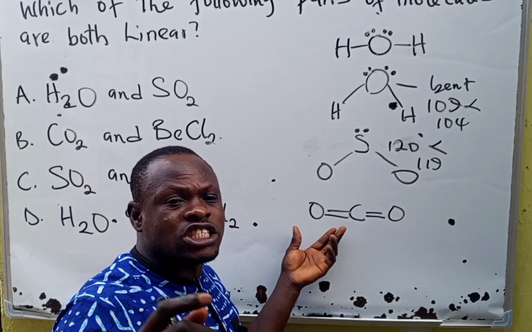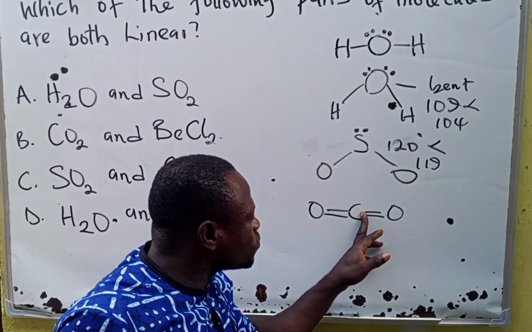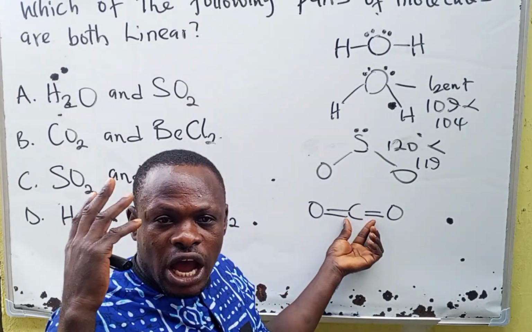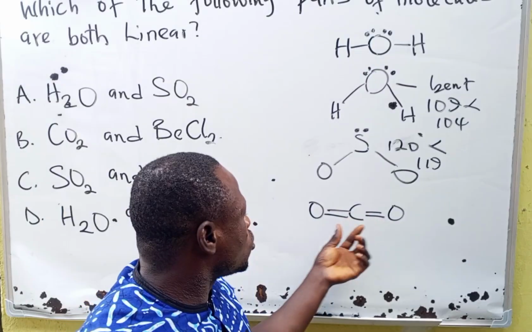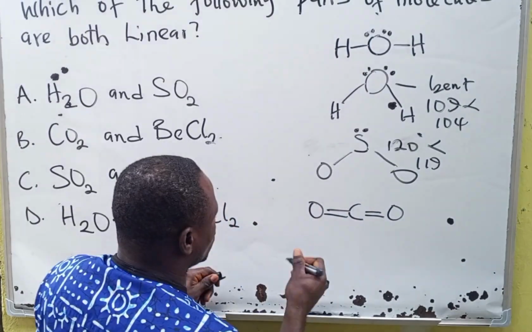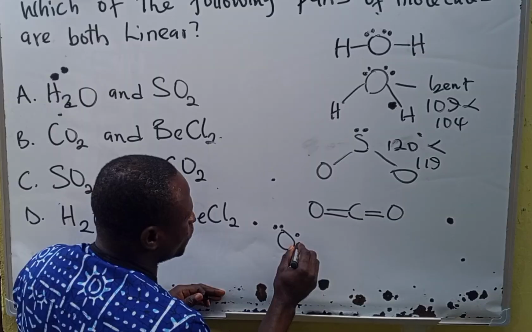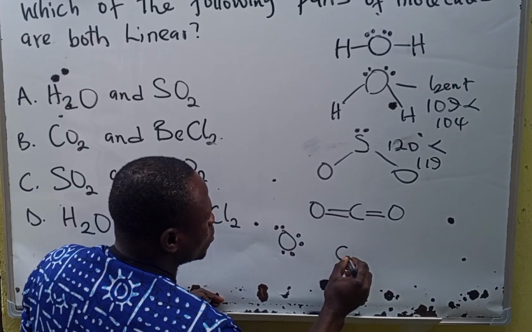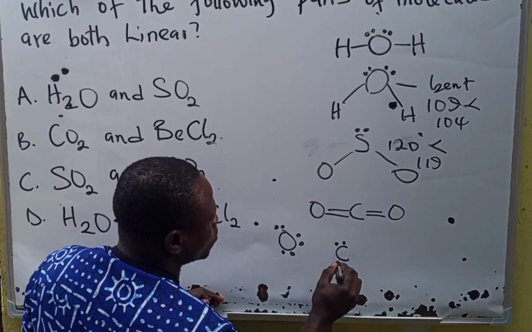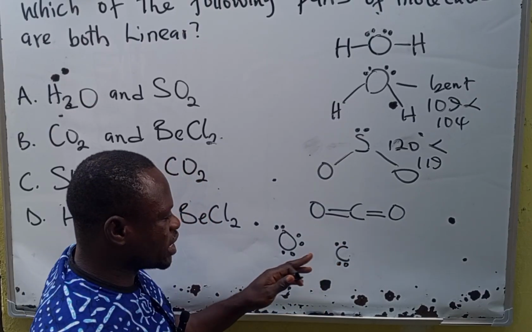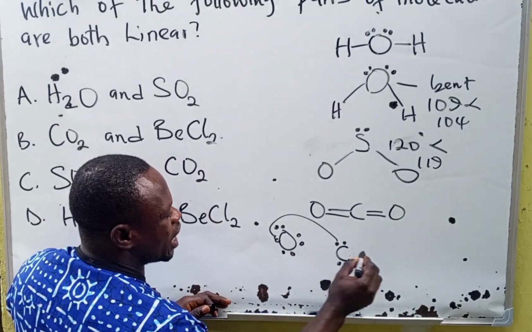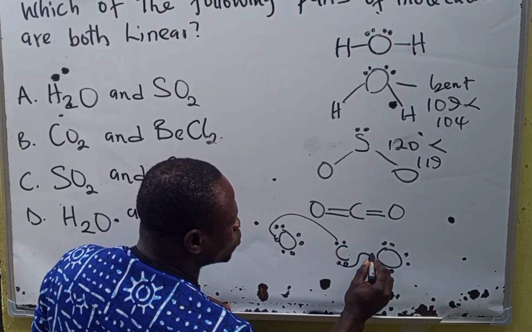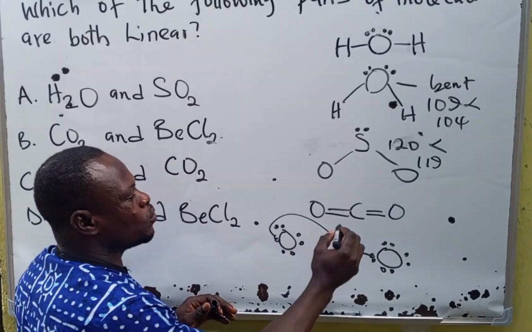Oxygen needs 2 to complete, so it takes 2 from carbon, and the other oxygen also takes 2. Do you get that? So they now form a straight chain.